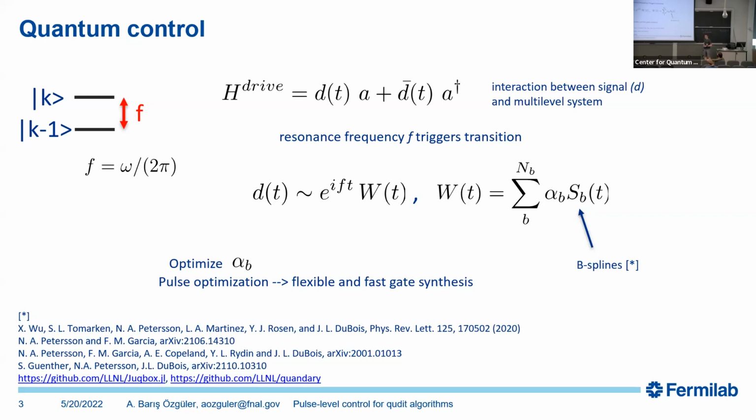We want to optimally create this W, which is written in a basis of a certain time-dependent function. We use the references here. They also provide some code. Their code is on GitHub. It's a promising approach for pulse optimization and compilation.